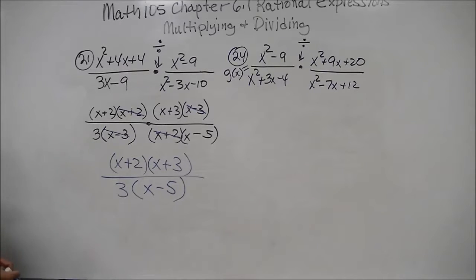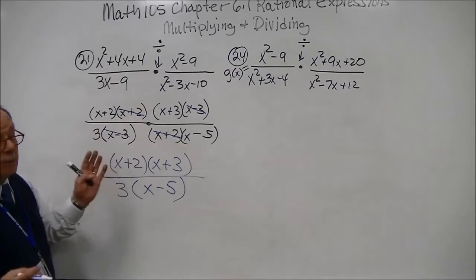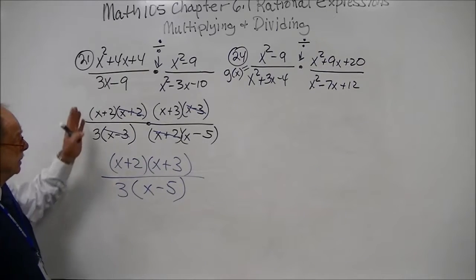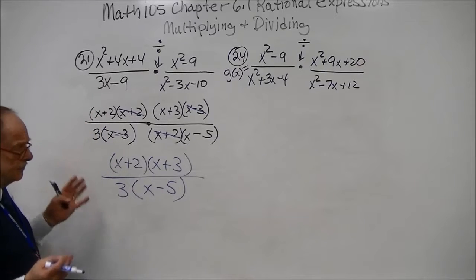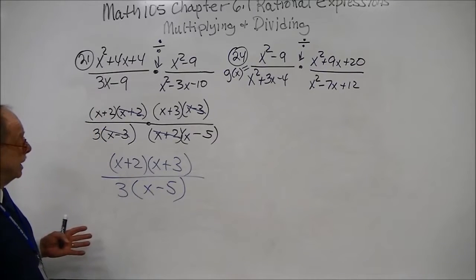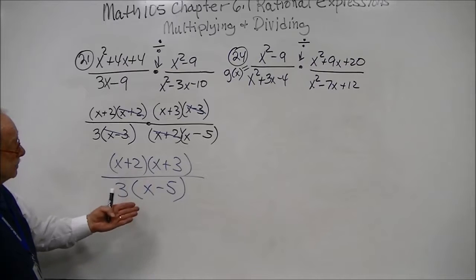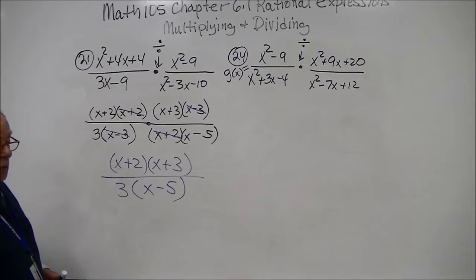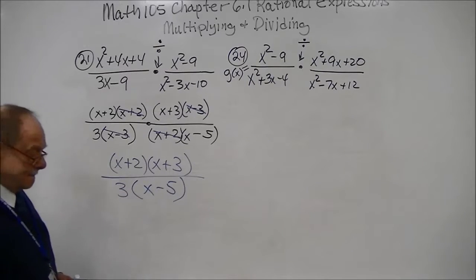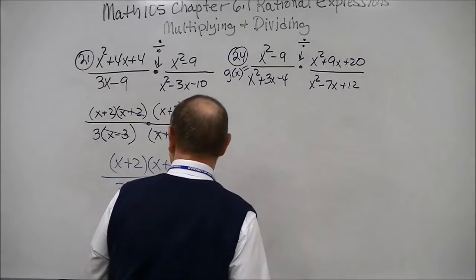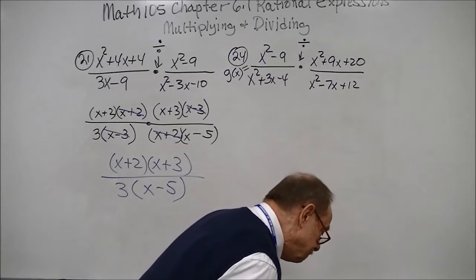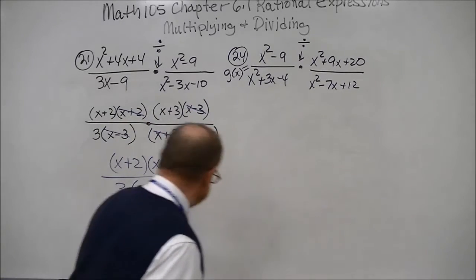So even though they want us to divide or multiply, they really want us just to factor and simplify and put our answers in factored form. And let me just check that. 21. Yes, that is correct.